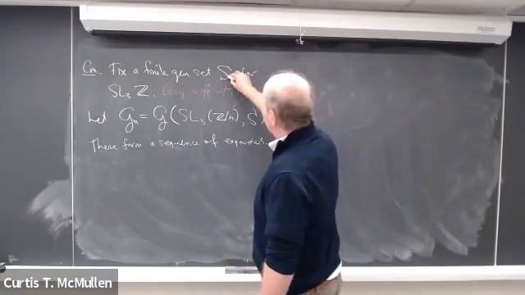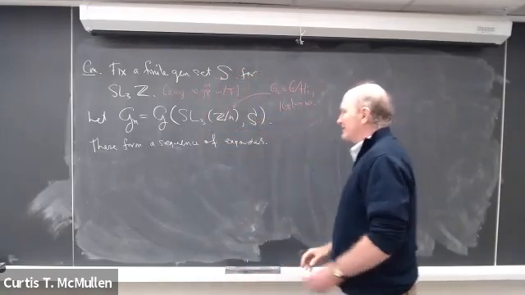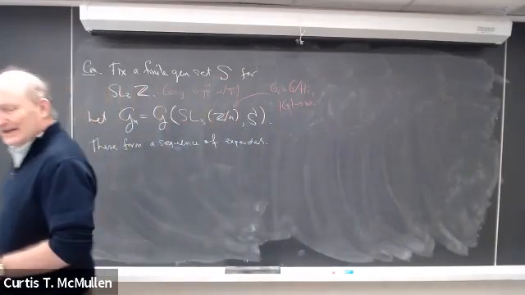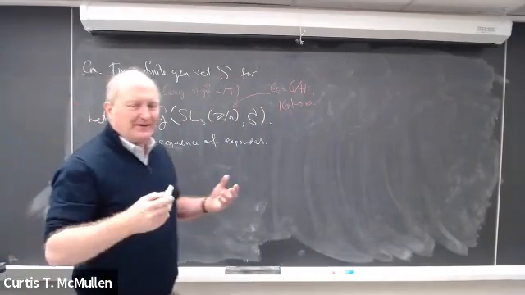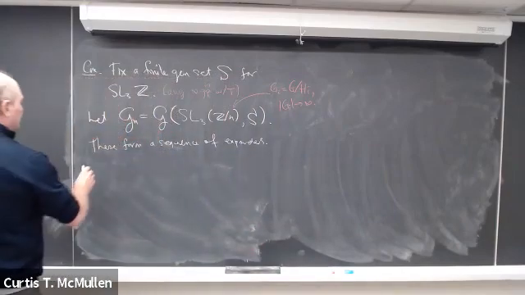And S would again be a finite generating set for this group, and then we get an infinite sequence of expanders. Okay, and the proof of this is very familiar by now. Let me just say how it works.